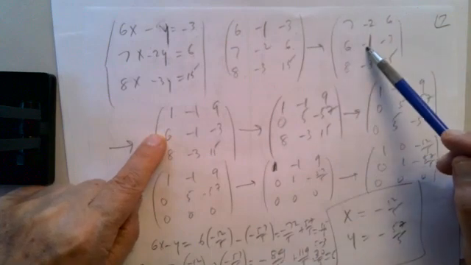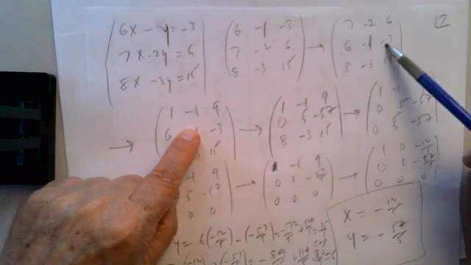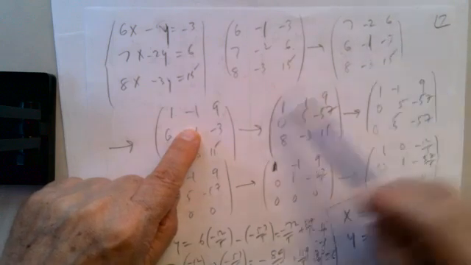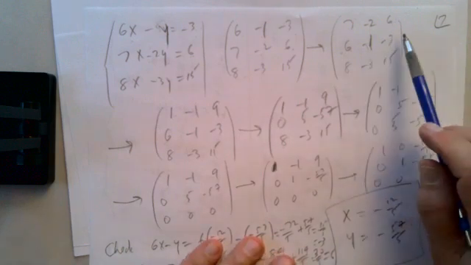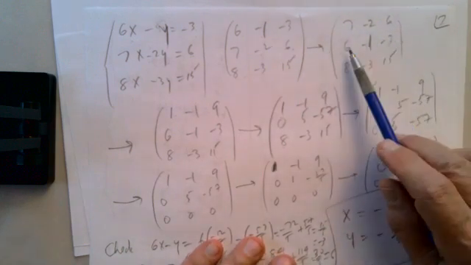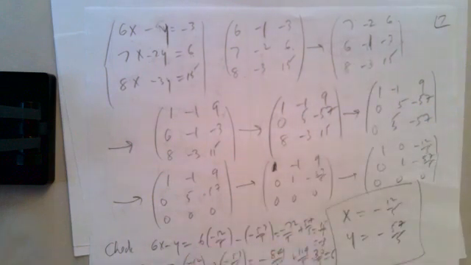Minus 2 minus minus 1, that's minus 2 plus 1, is minus 1. 6 minus minus 3 is 6 plus 3 is 9. You're allowed to add a multiple of one row to another. So I took the second row, multiplied it by minus 1, and added it to the first row.